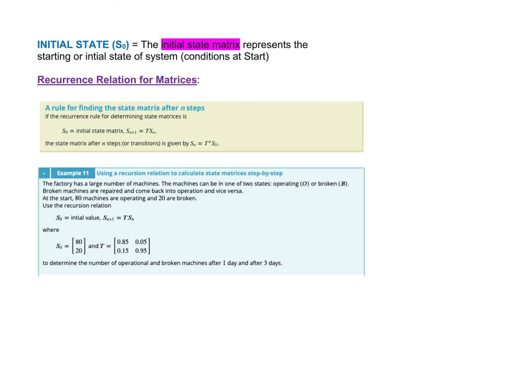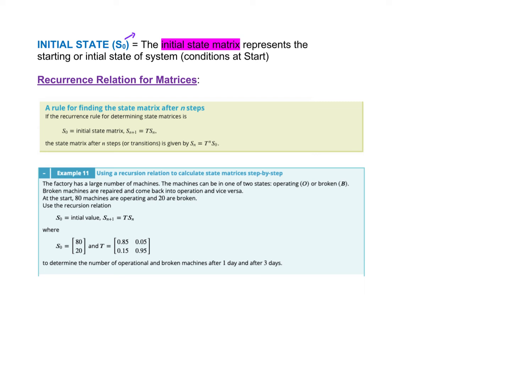So there's a system that we can use to find another state using the transition matrix and also the initial state. The initial state represents the starting conditions. When we're talking about the cars at those 3 rental places, it would have been the number of cars at each of those. We call this initial state S0, what's happening in the beginning.